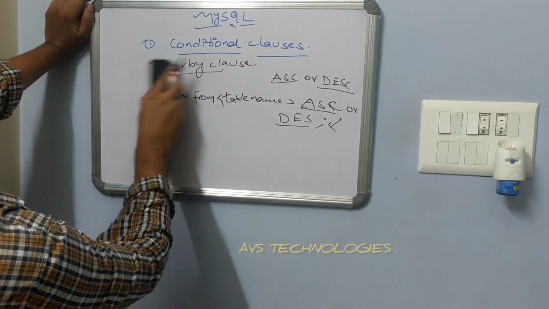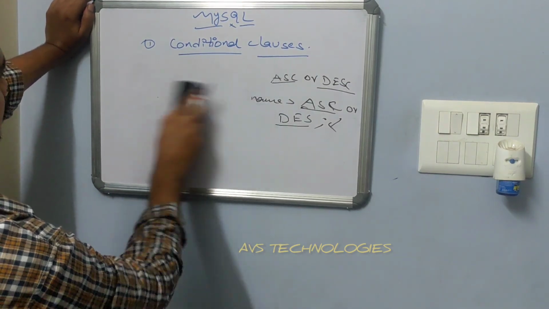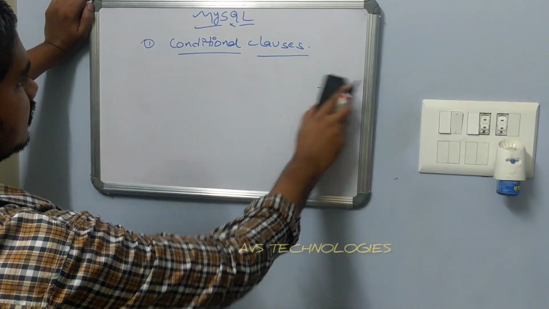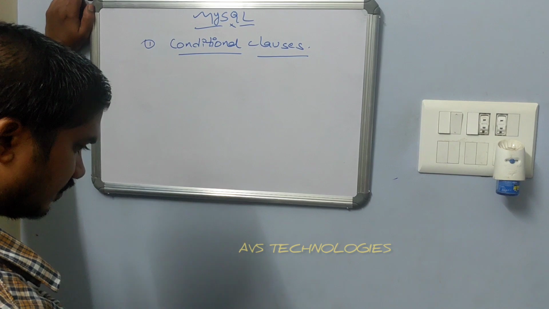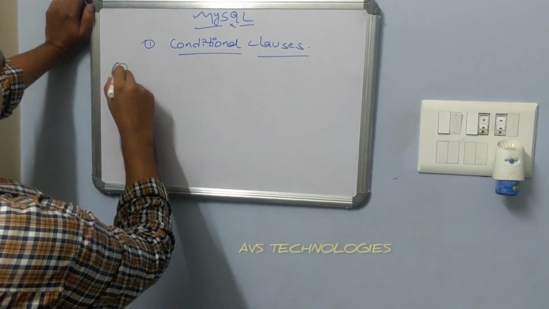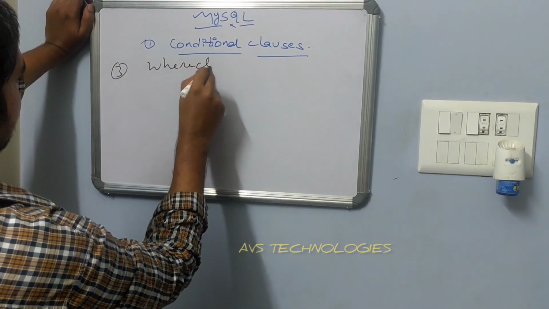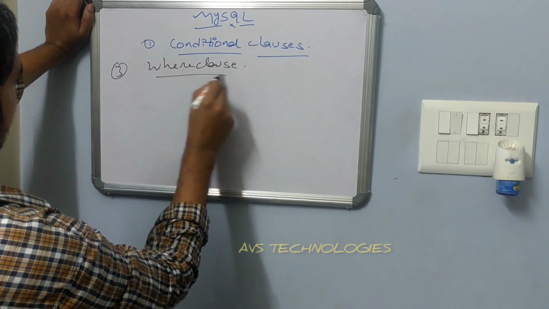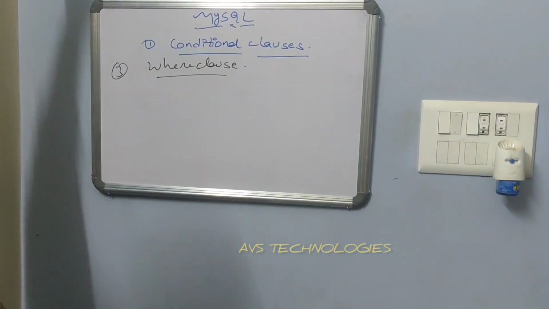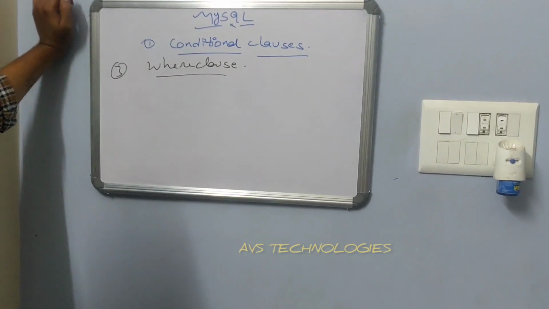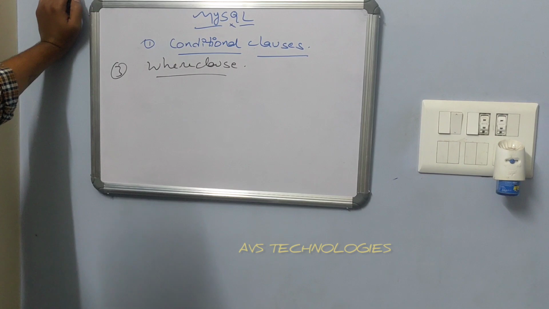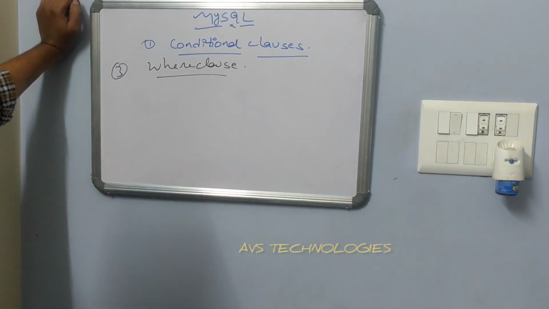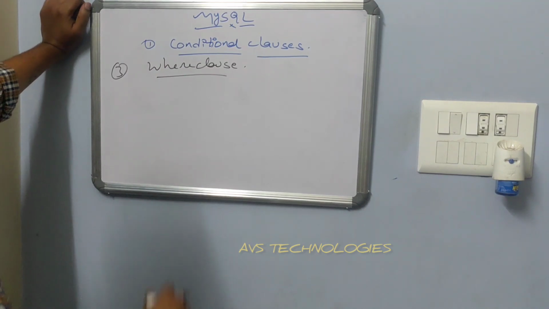Next one is the where clause. Third one is the where clause. The where clause in a statement or a table expression performs a comparison in a table.